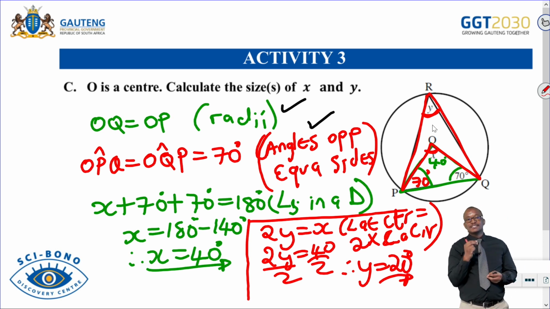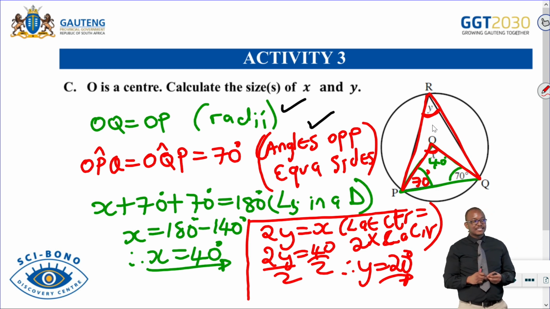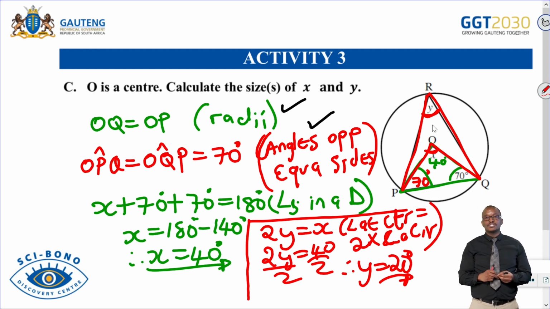So, this is how we calculate the sizes of x and y, following the statement together with reasons. For each and every statement that you put there, you must give a reason for it, so that it makes sense when we answer this type of question.